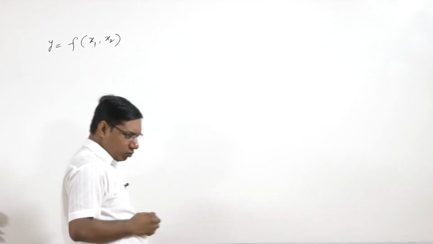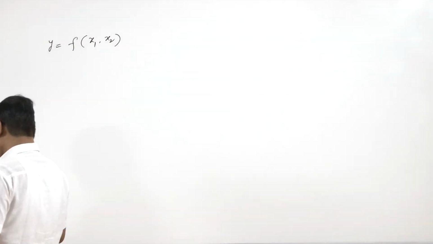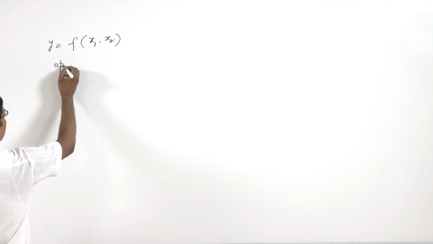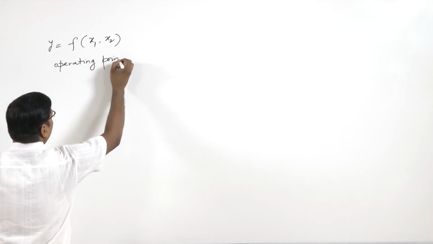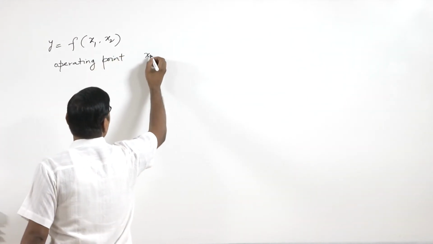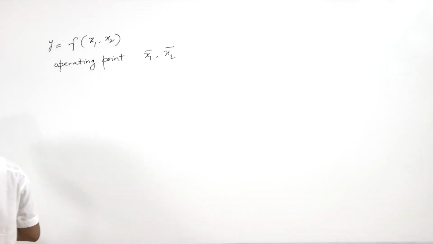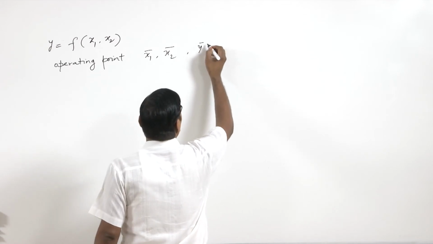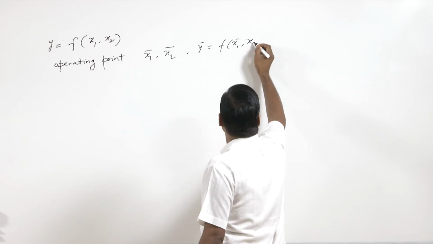So, here there are two inputs x1 and x2 and we are getting output y, and the operating input point is x1 bar and x2 bar, and y bar equals f(x1 bar, x2 bar).